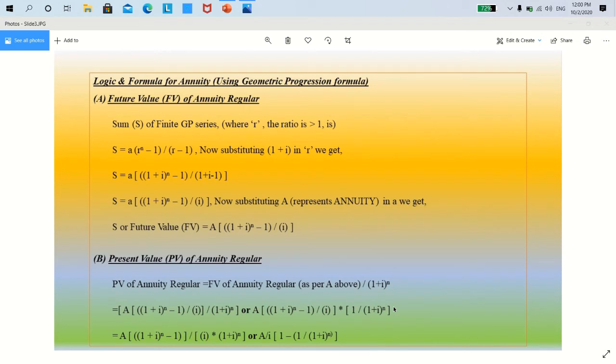Now, future value of annuity regular will imply that Mr. Y, who has been asked to pay me 5,000 rupees at the end of each year for the next 5 years, is now being asked to pay one single amount at the end of the 5th year and not intermittently.